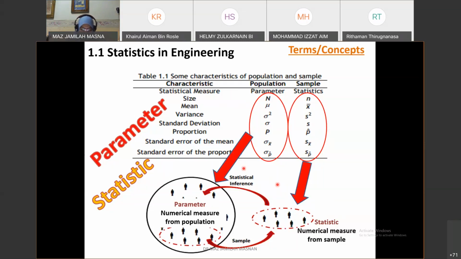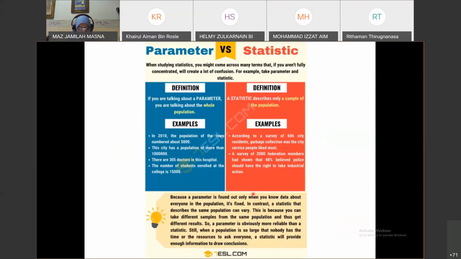The statistical inference, later on I will explain that in detail. Now, I also have a few distinctions between parameter and statistic. I want you to look at it on your own. It is clear, but I will just touch on this particular example. For parameter, as you can see here, in 2010, the population of the town numbered about 5,000.